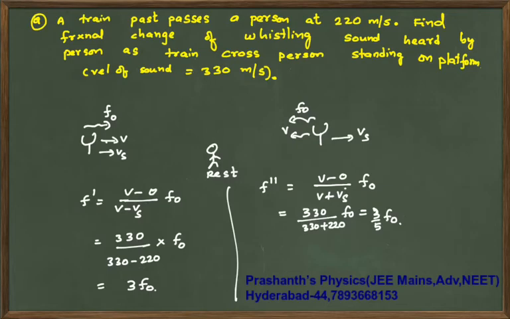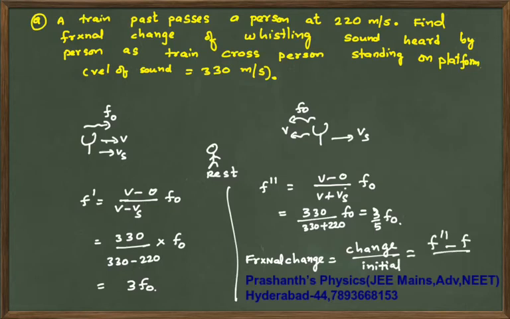Now what is your fractional change? Change by initial value. So it is f double dash minus f dash by f dash.